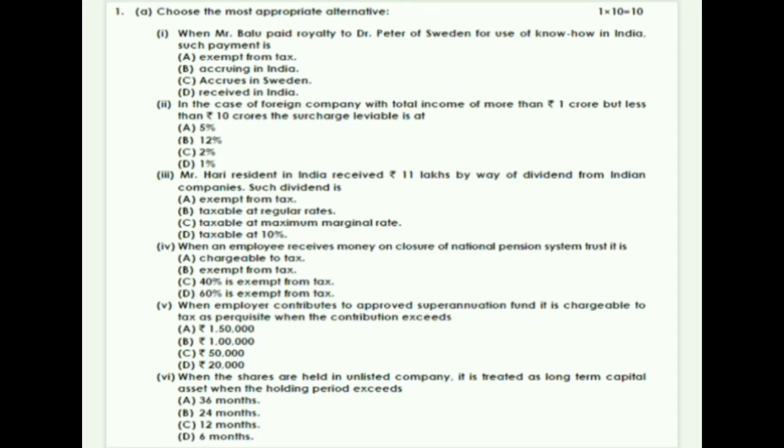Next is, when shares are held in an unlisted company, it is treated as a long-term capital asset when the holding period exceeds: 36 months, 24 months, 12 months, or 6 months. Earlier it was 36 months, but now some changes are there, so as per the new policy it is only 24 months.